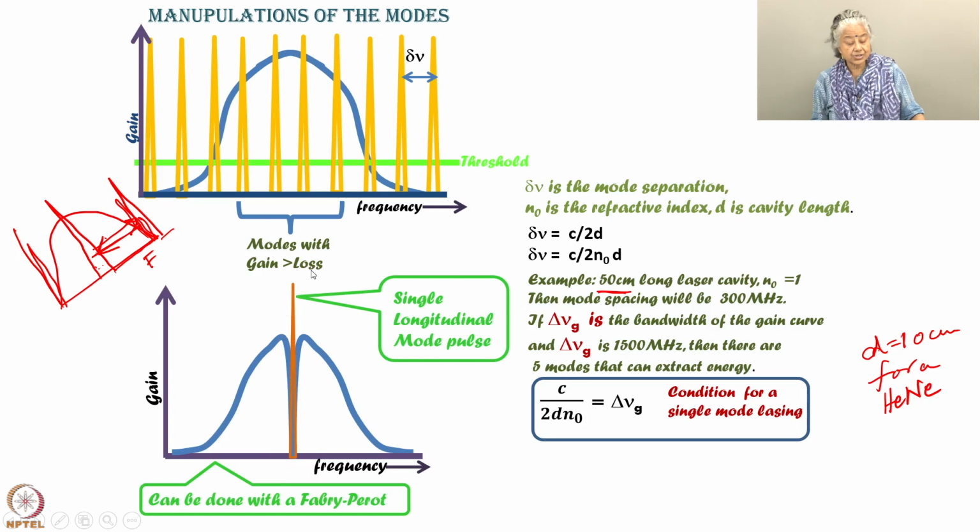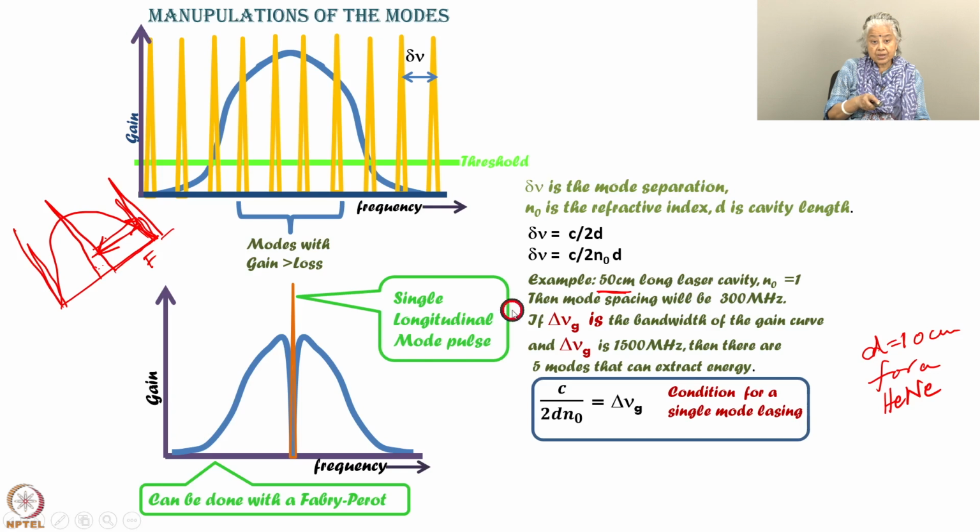I do not know if I have achieved it, conceptually I have, but as I say, 10 centimeters is kind of an impractical length for a gain medium. So, it may not happen. So, you have to think of some other method of doing it. So, what is the other method?